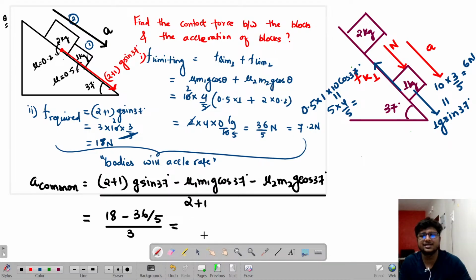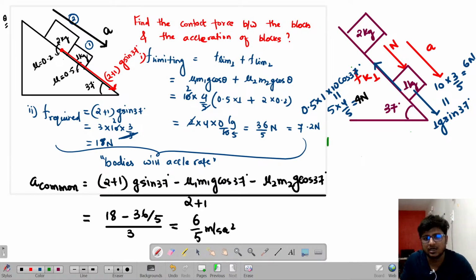So calculate this acceleration, how much is it coming? 6 by, okay, and this one is 4 newtons over here. So its equation, if I want to write again, 1g sine 37 plus normal N minus kinetic friction fk1 is equal to 1 into acceleration a.